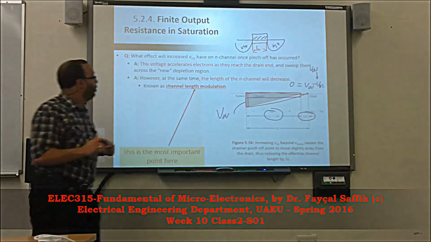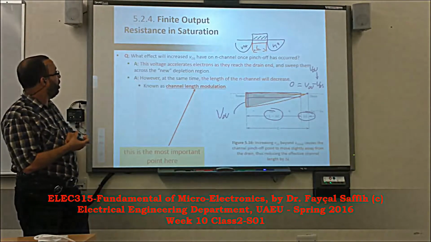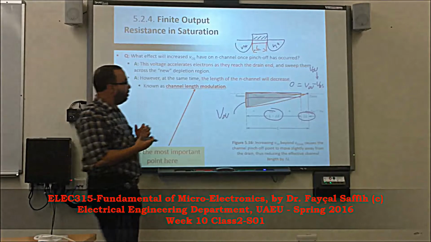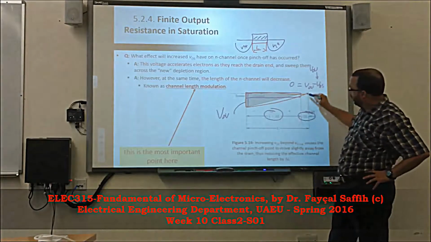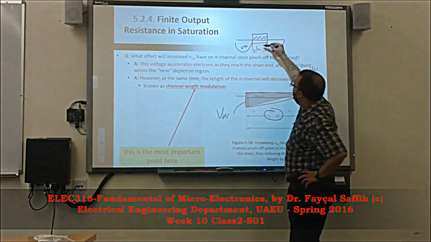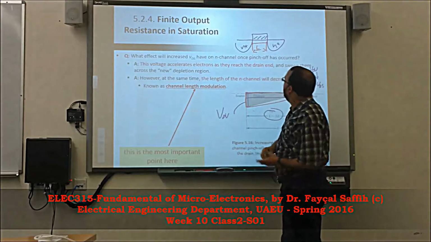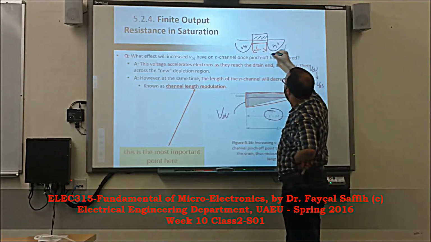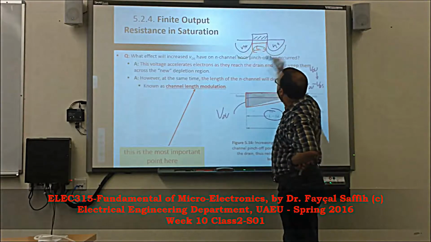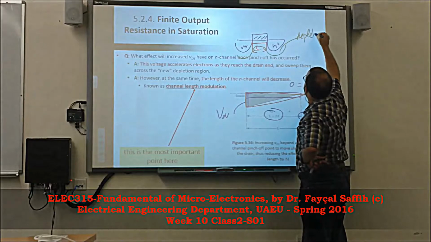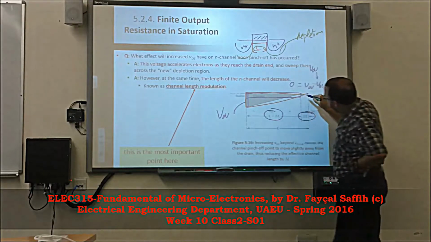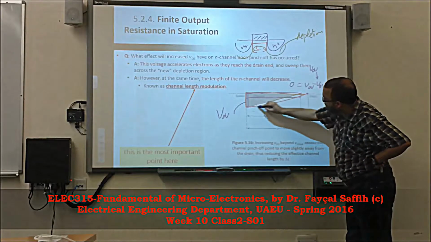Any questions? Please ask. Alright, good. So remember, on the bottom here, I will use green. All this area is the depletion region, yes or no? Now the area here is also going to be depletion region.